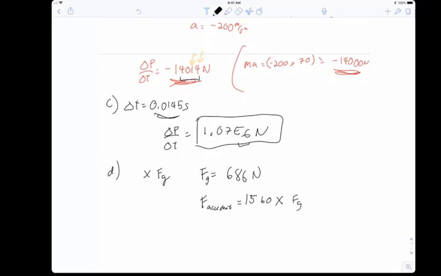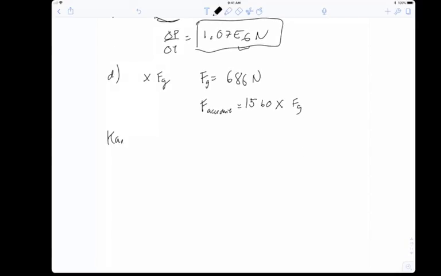So they installed airbags, which further increase the amount of time you're feeling an acceleration and spread out the force so that all the force isn't given to you by the pressure of the seatbelt. So your overall body feels the same impulse, but it's spread out over a longer time, and the airbag lets it spread out over more of your body, and so you're more likely to survive.